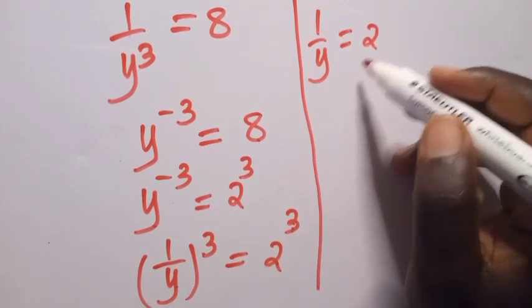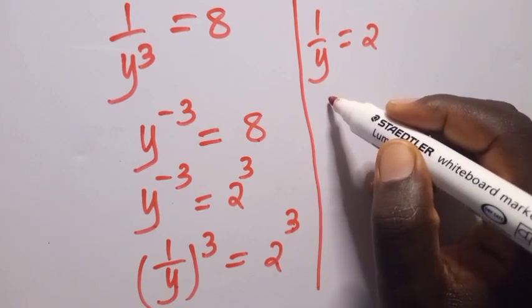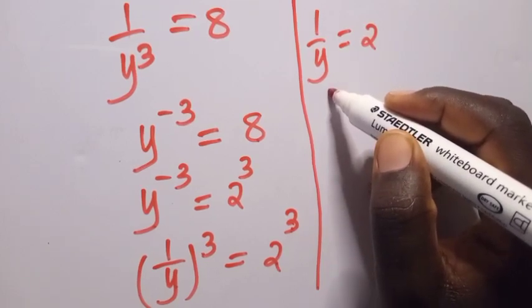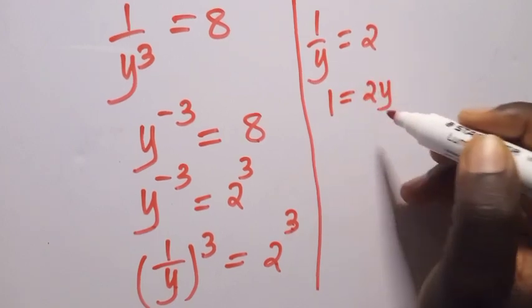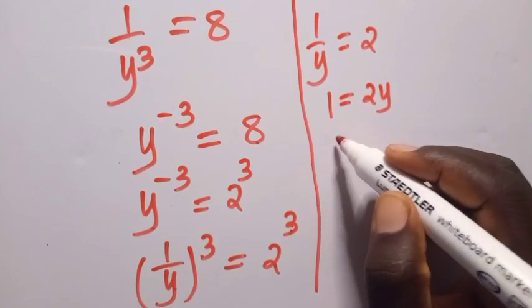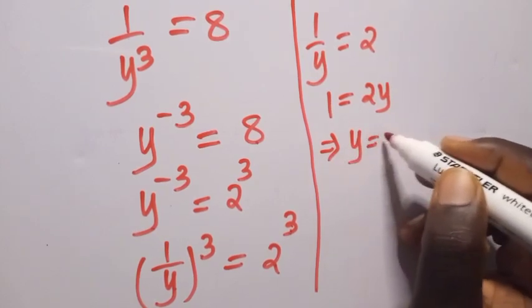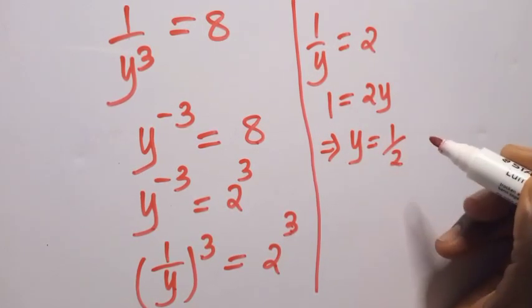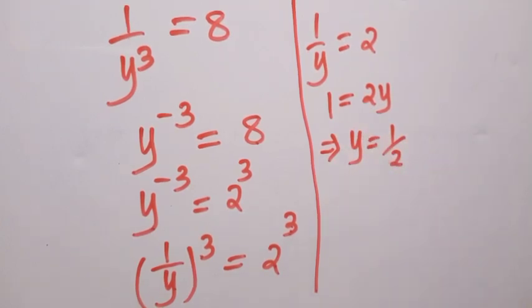I can multiply by y on both sides, so I shall have 1 equals 2y. If I divide by 2 on both sides, I shall have y equals a half.